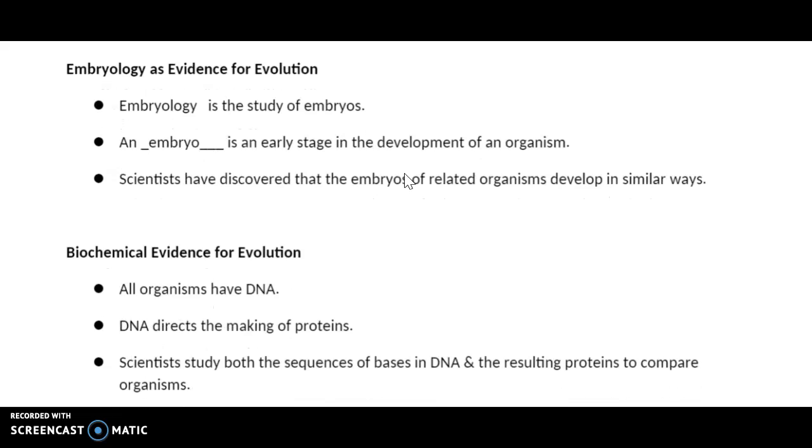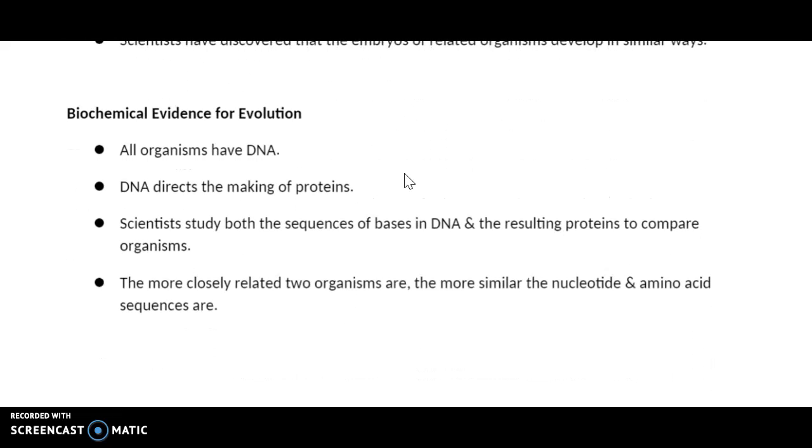Biochemical evidence of evolution. All organisms have DNA, and DNA directs the making of proteins. All proteins are directed by the DNA, and the DNA only has 4 bases, A's, T's, G's, and C's, that are arranged in certain ways to make billions of different kinds of proteins.